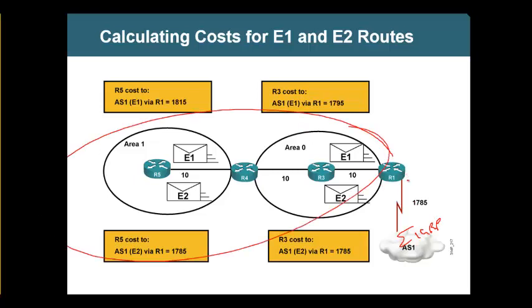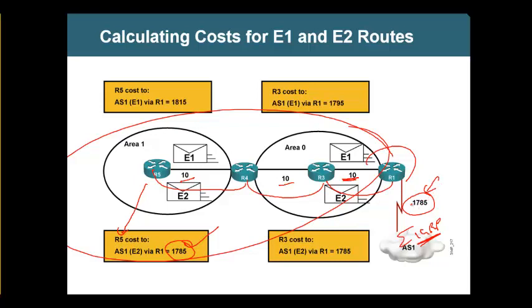We are redistributing. When you redistribute, you are saying that to reach this EIGRP network, this is the metric. And it goes from this router to this router, this router to this router. In the middle, the metric in each link is 10, 10, 10. But you see, when router 5 receives it, the metric is the same as when it was redistributed.